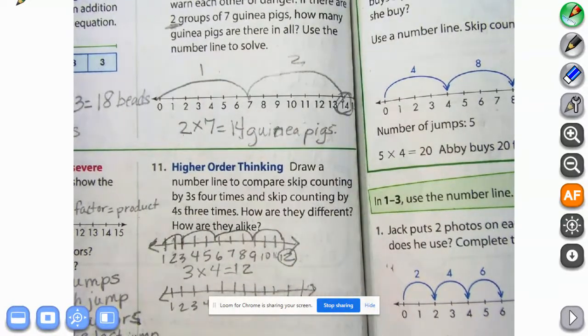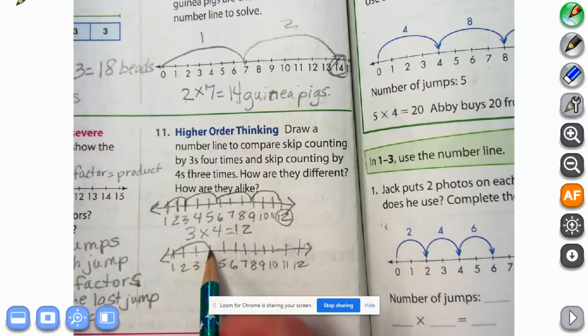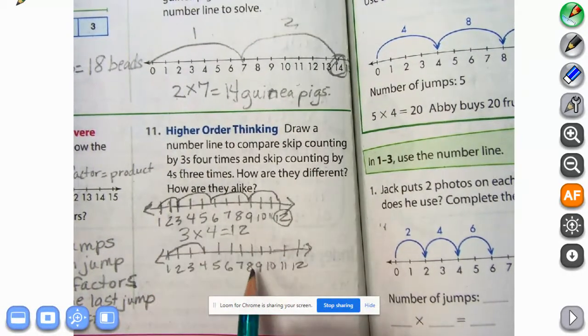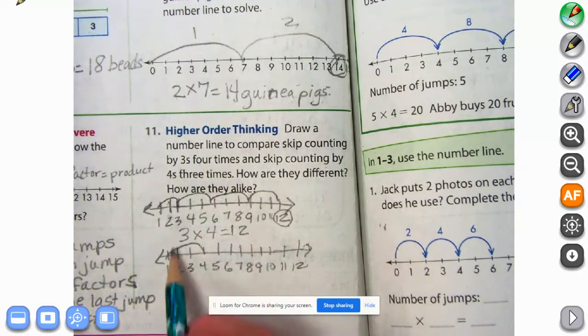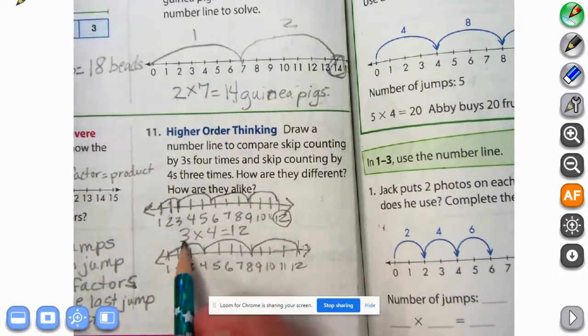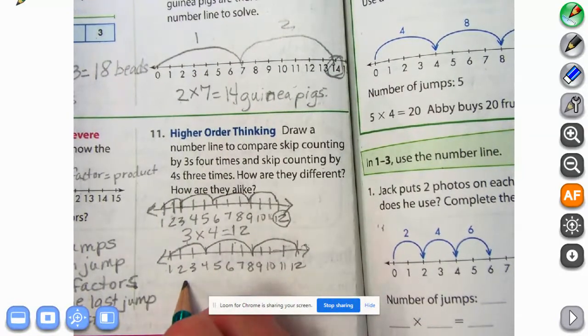And this time we're going to jump by groups of 4. So our first jump is going to be 4. It says that it's 4 3 times and 3 4 times. So 1, 2, 3. There's 1 jump, 2 jumps, 3 jumps. Okay. We're going to be jumping by 4.